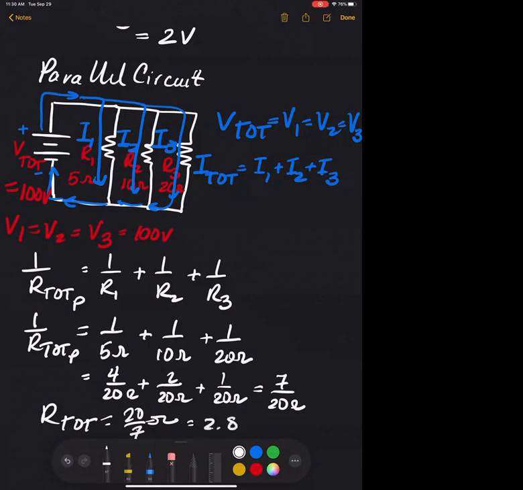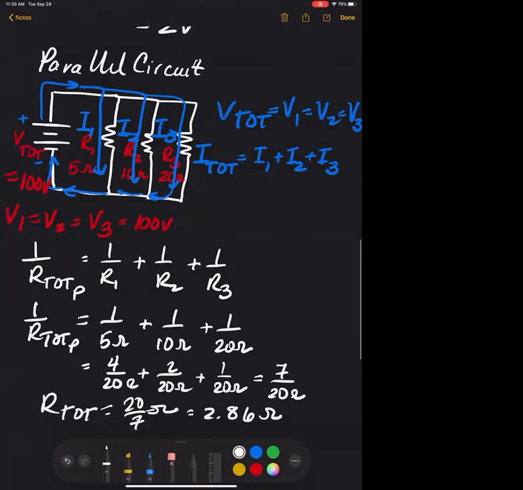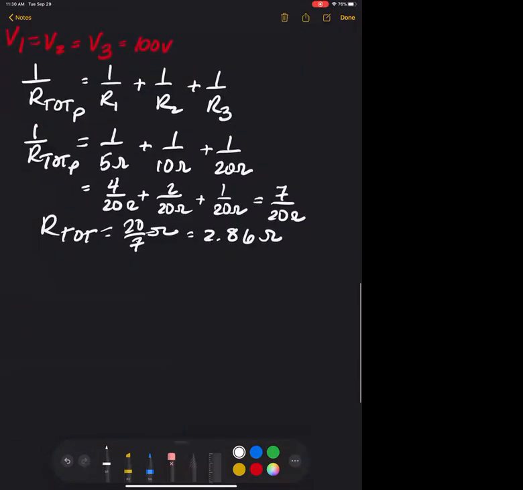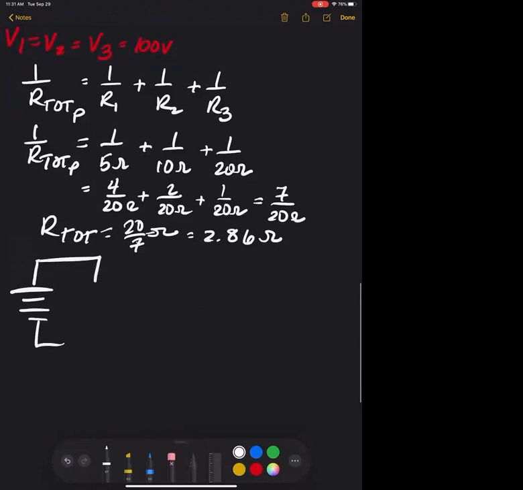So R total is 2.86 ohms. So what that means is I could replace this circuit here with one where I have a single resistor equal to that equivalent resistance, and it would draw the same current out of the battery.